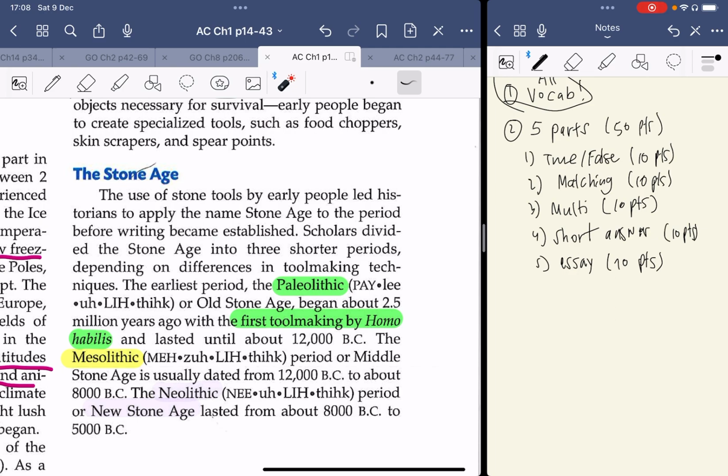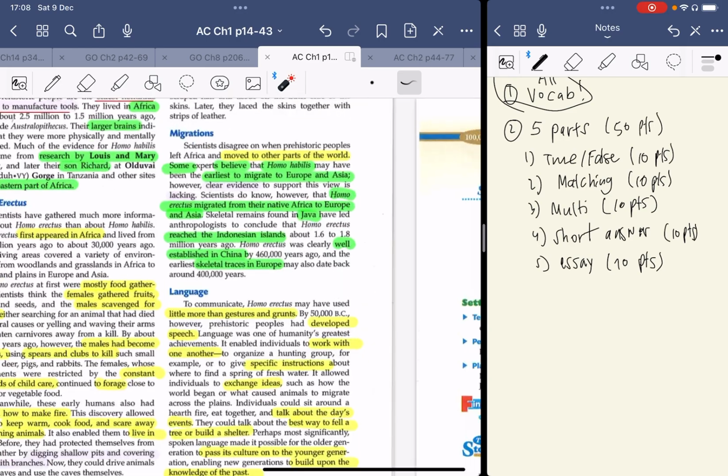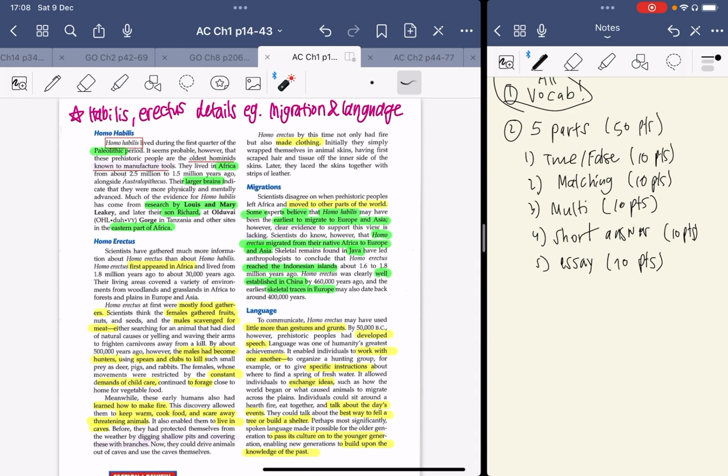Okay, so we have the earliest one, Paleolithic, Mesolithic, and Neolithic. So just know the order for each one, old to new. Next page will be another brief information, okay, of each group of the hominids. So we have the two here. So know the main details, especially the information that I highlighted.